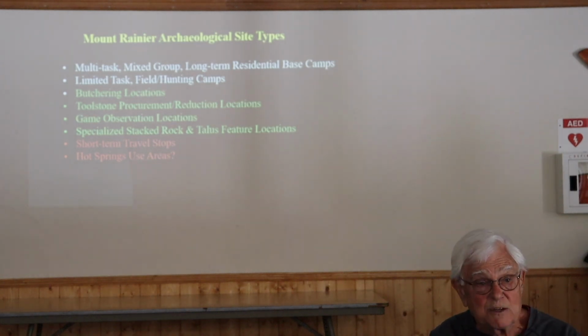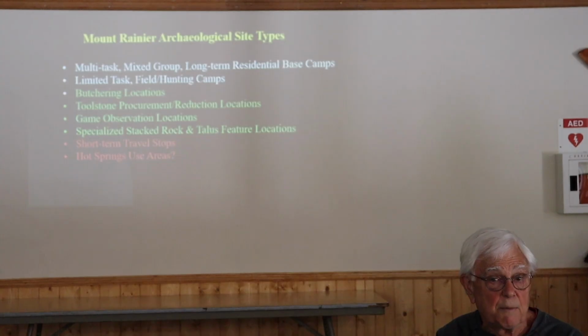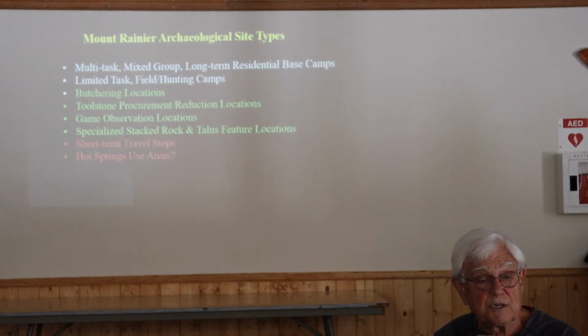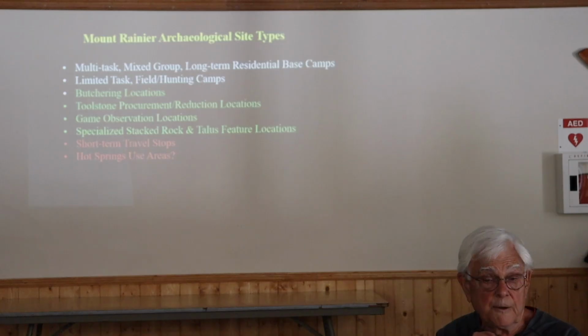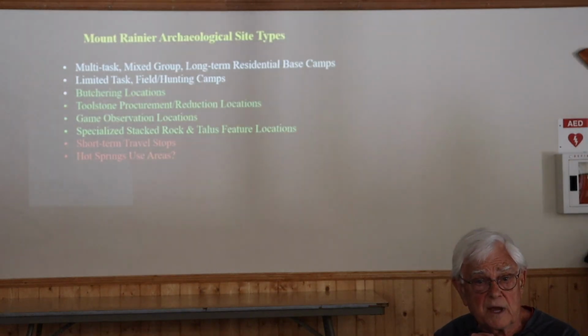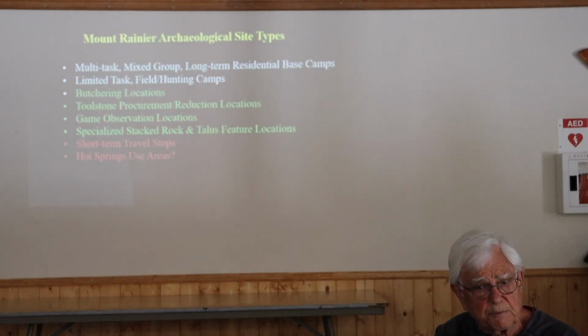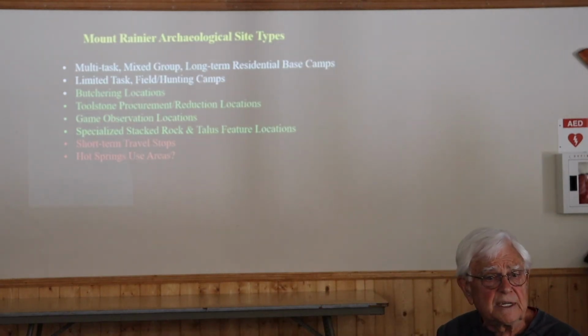I'd suggest at least weeks, possibly a couple of months. Rainier, at elevation anyway, is a wet, difficult place to live, especially when your primary resource is probably salmon further downslope. But these are multi-week residential places.